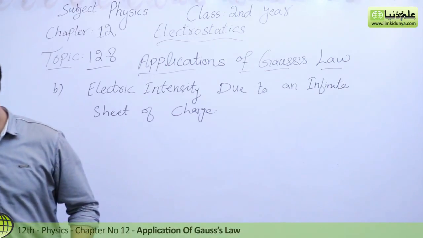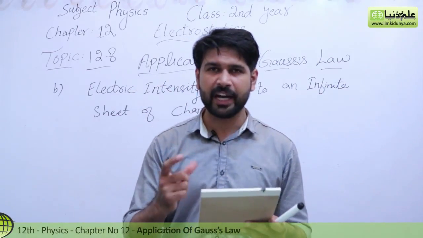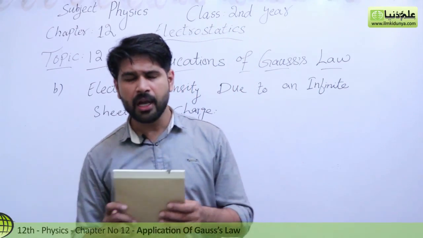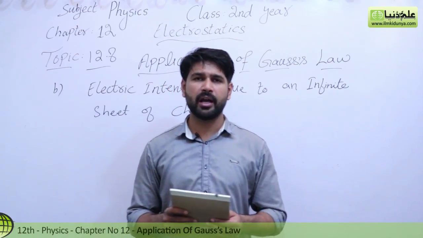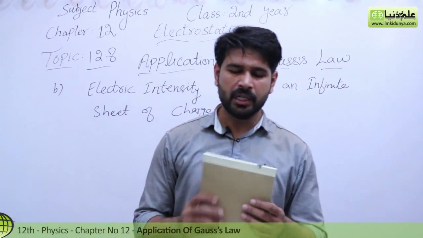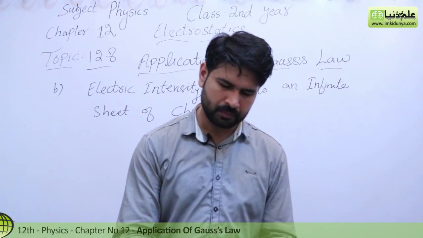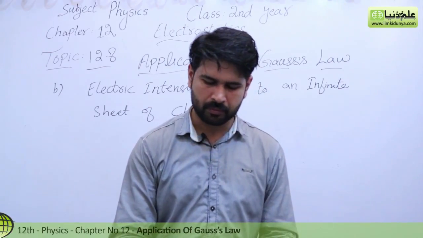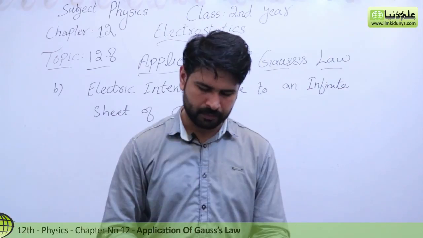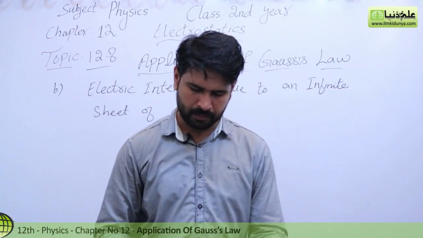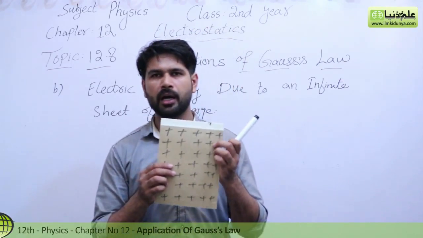Suppose this is a metallic sheet and we have charged it. The sheet is infinite, but here we have cut off a small, finite portion, and suppose there is a large number of positive charges on it.